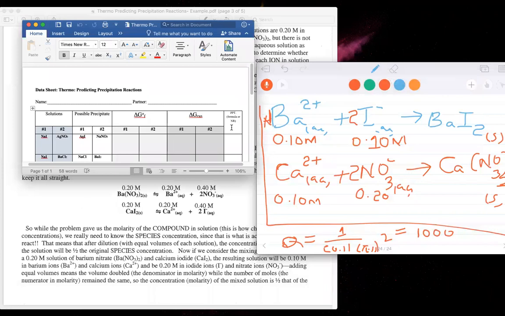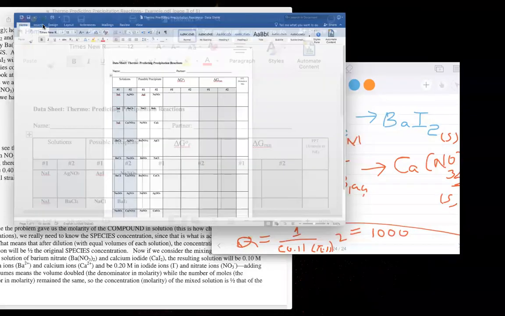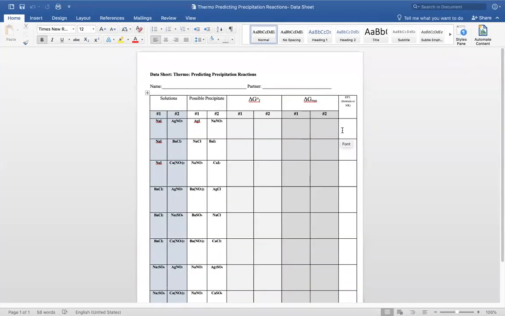Right here, you're going to write the chemical formula for the precipitate. If there is no precipitate, that means positive, positive, you write NR for no precipitate.